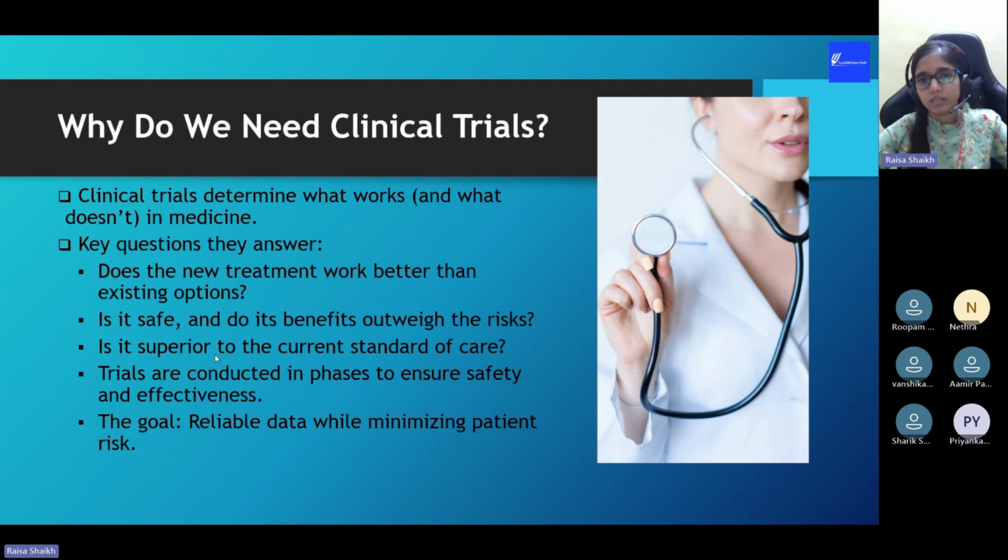So is it like they just do it for the sake of doing it? No. So there would be already existing medicines which would have their own pros and cons, the advantages as well as the risks. Okay. Side effects. So the researchers try to find new drugs which do not have the risks that the existing drugs have.